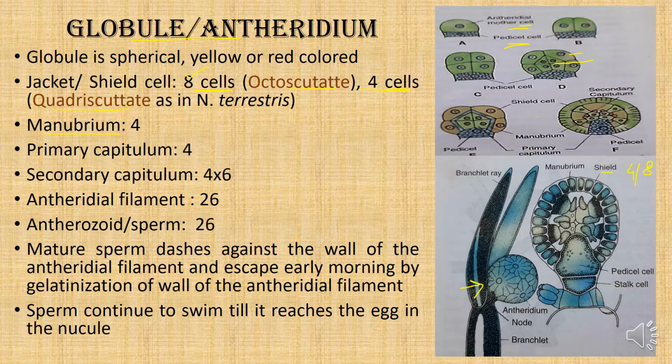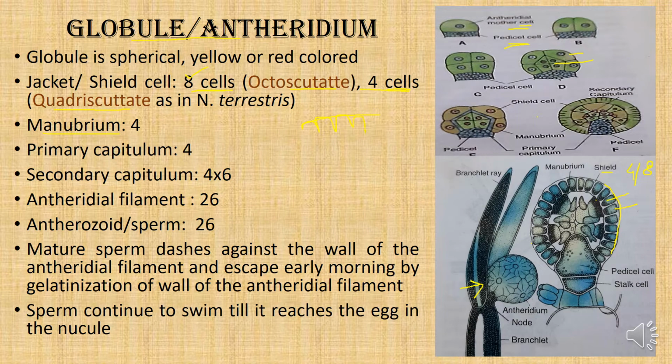If this is the shield cell layer, we have said that there are either 8 or 4, but we are seeing a large number of cells. But these are not separate cells. Actually, the shield cell has the cell wall as well as a plasma membrane.